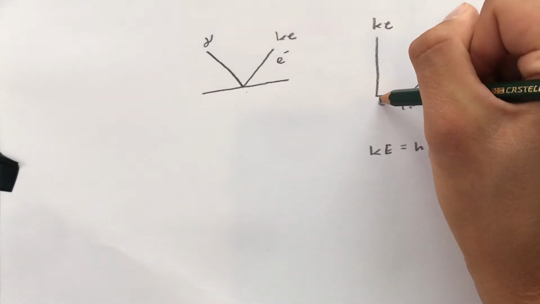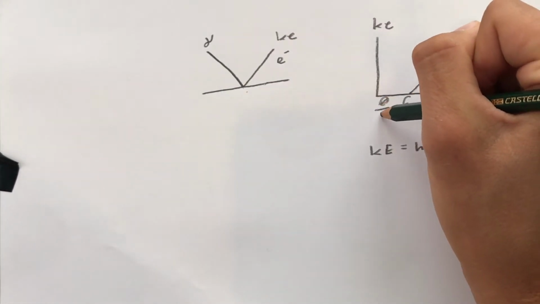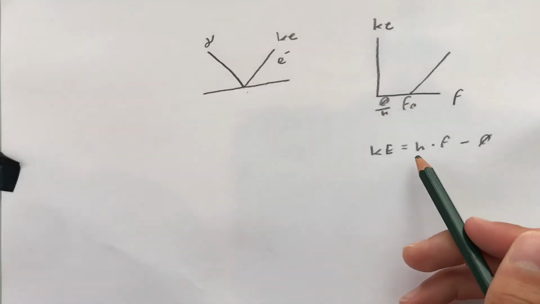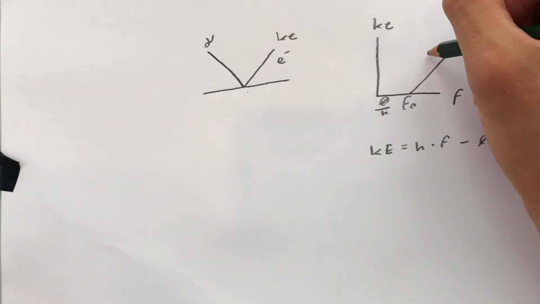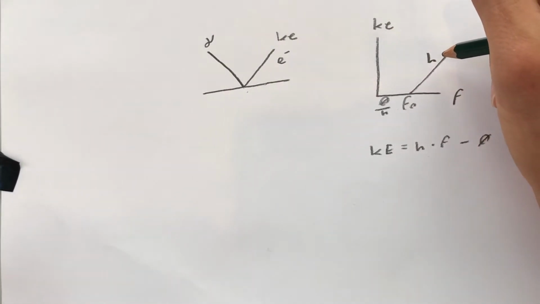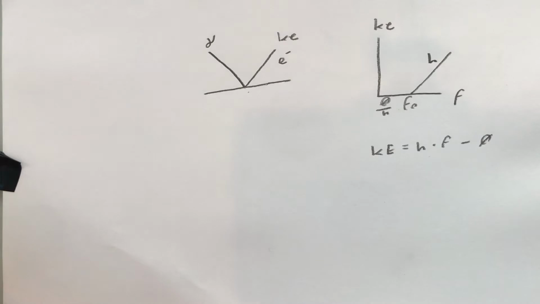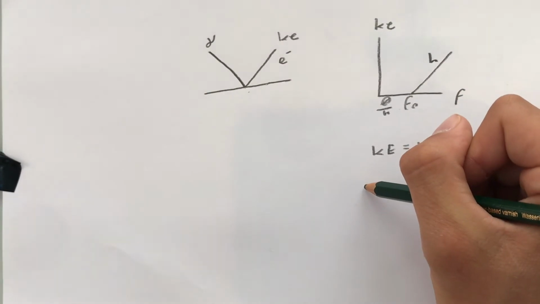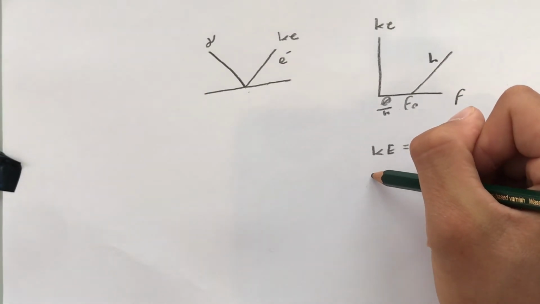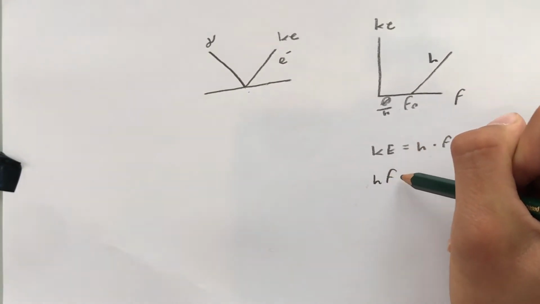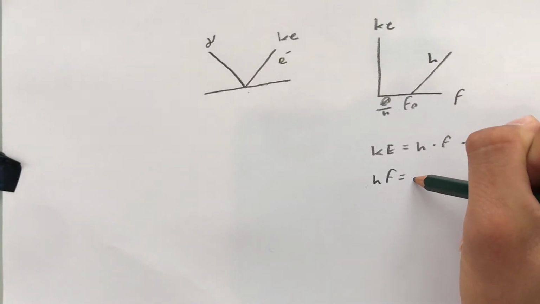And here is phi divided by h, and h, that's Planck's constant. That's the line. Now if the kinetic energy is 0, that means that hf will equal phi.